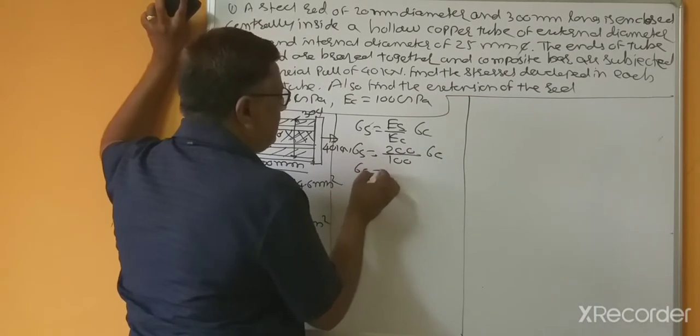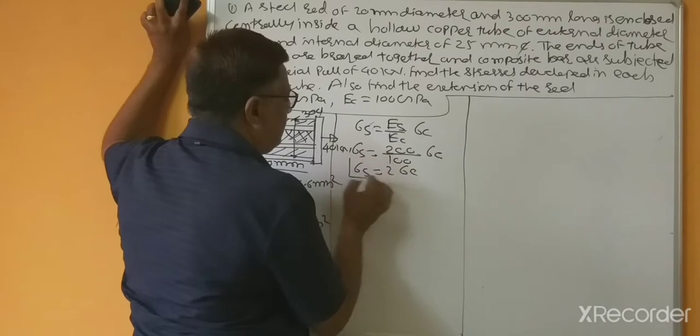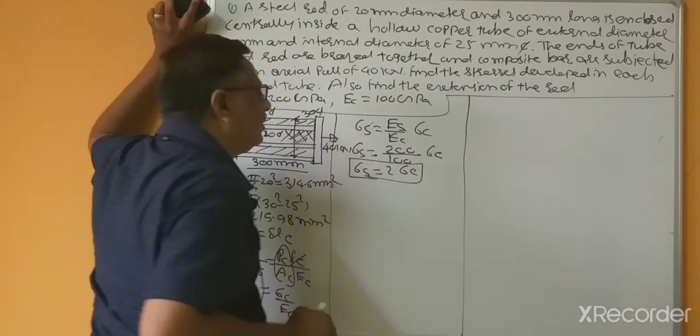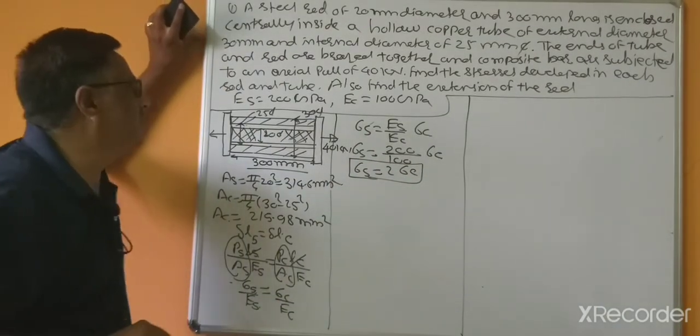So sigma S equals 2 times sigma C. You got this relation.